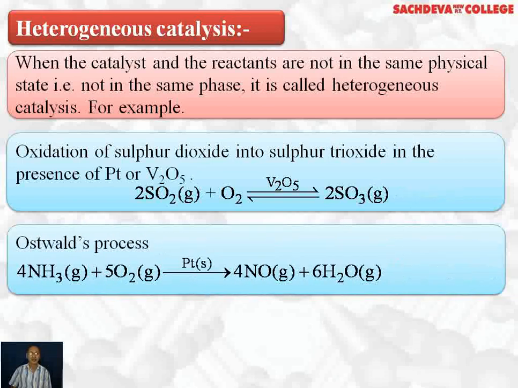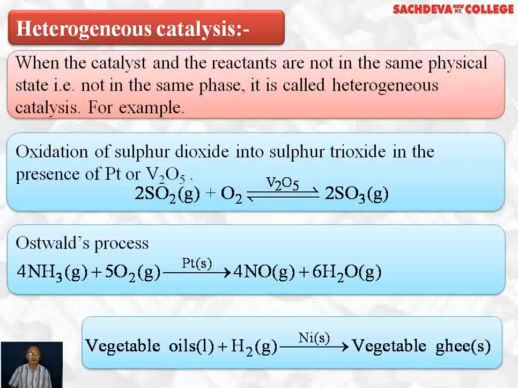The second example is the Ostwald process for manufacture of nitric acid. The first step is that ammonia gas gets oxidized with the help of oxygen in the presence of platinum, which is solid, as a catalyst to form NO and 6H2O. NO is further oxidized to NO2 with the help of oxygen, and NO2 is dissolved in water to get nitric acid. Another example is vegetable oils, which are liquid.